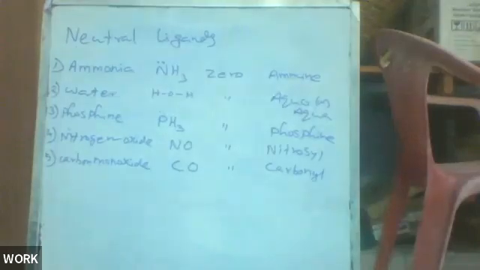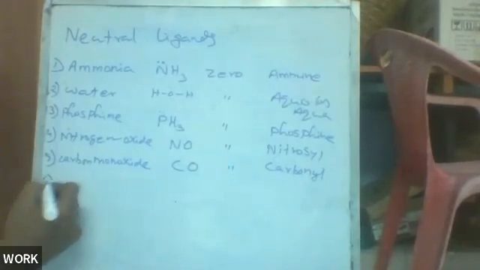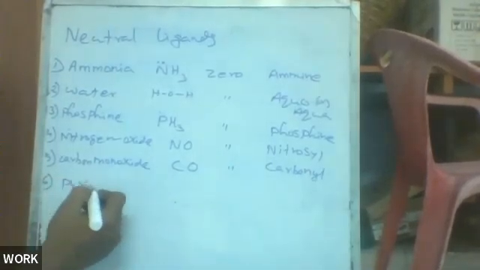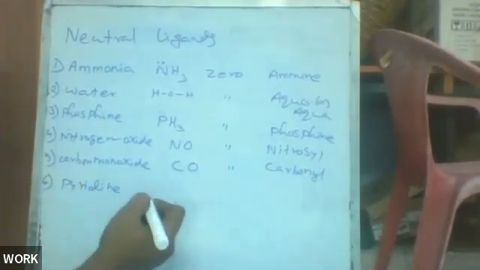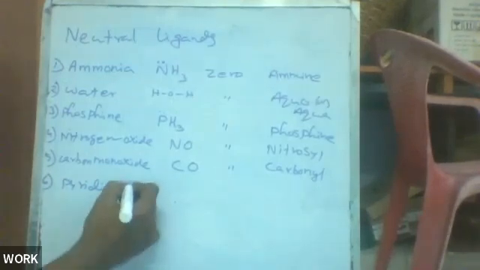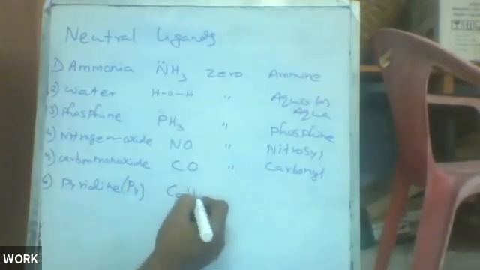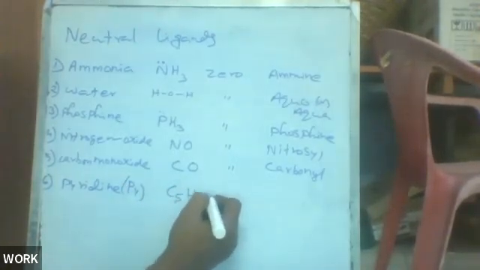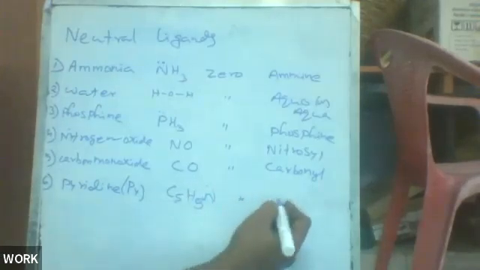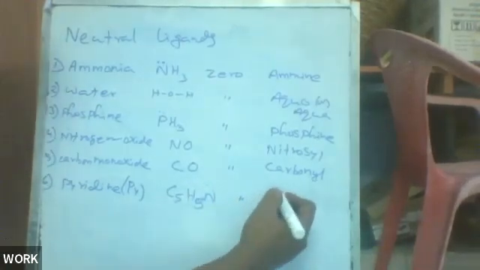So how the name will come, that I am writing, carbonyl. Next, pyridine. Generally, they will put py. Okay, py means pyridine, C5H5N. That's also zero. Name pyridine.